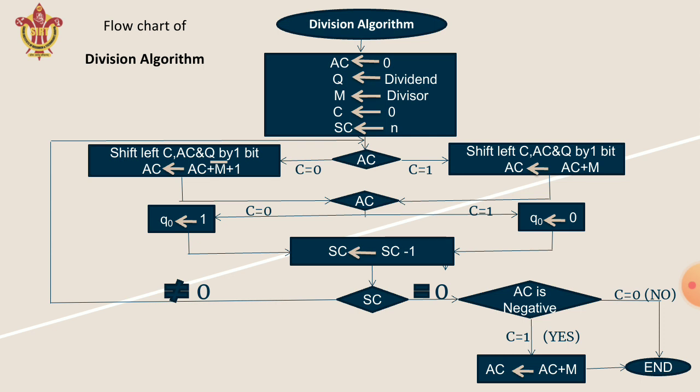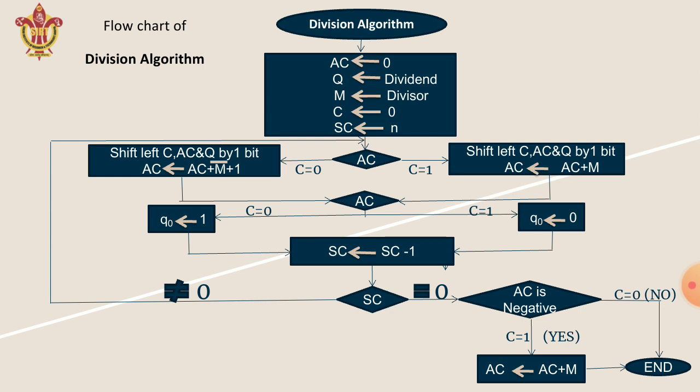At that time we fill this empty value by checking the value of C. If C equal to 0, then Q0 goes to 1. If C equal to 1, then Q0 goes to 0. And after that perform the operation SC minus 1. SC is a sequence counter that is decremented by 1.